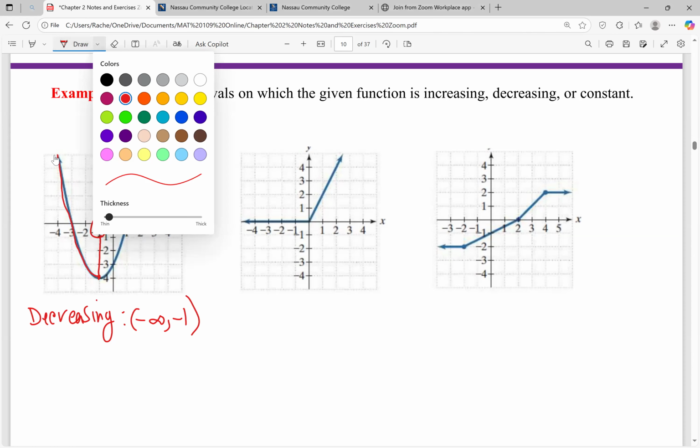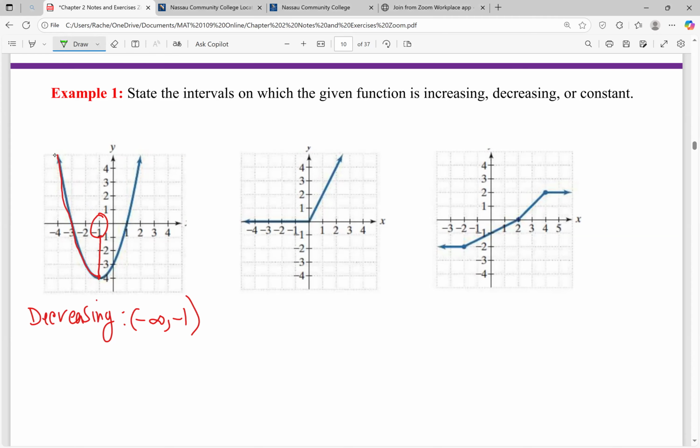And then let's highlight in green where the graph is increasing. So the graph is increasing over this interval. Now let's identify the interval. It's increasing over what x values?